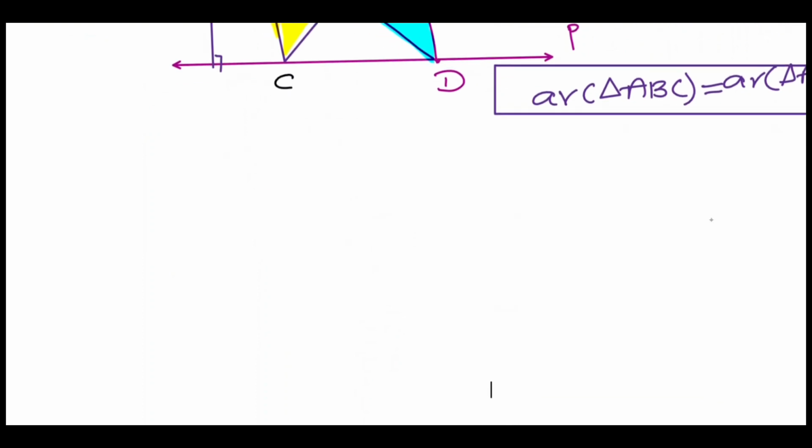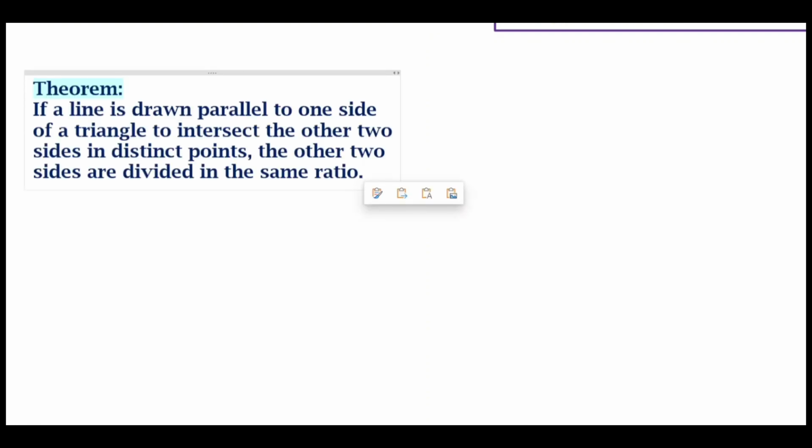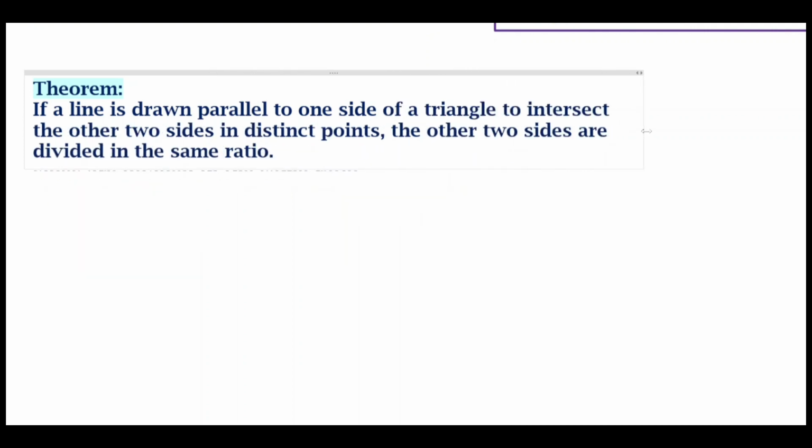Now we will enter the basic proportionality theorem proof. See the theorem statement. If a line is drawn parallel to one side of a triangle to intersect the other two sides in distinct points, the other two sides are divided in the same ratio.